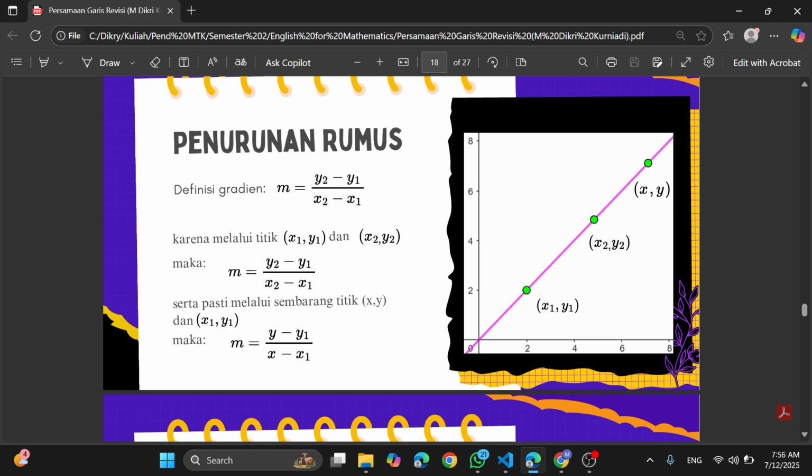So for a line passing through points x, y and x1, y1, then m is equal to y minus y1 over x minus x1.